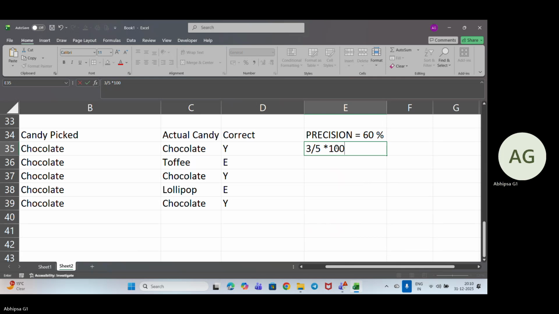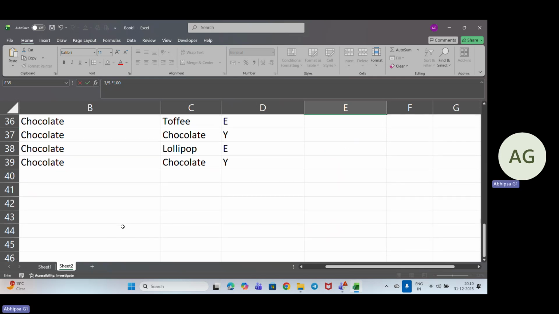Now coming down to email spam. In the case of email spam also, imagine the model says this email is spam. Out of 10 emails it marked as spam, suppose 7 were actually spam and 3 were actually normal emails. In that case the precision would be 70%. So precision is how careful the model is when it says that it is spam.